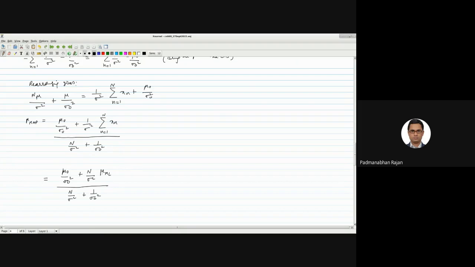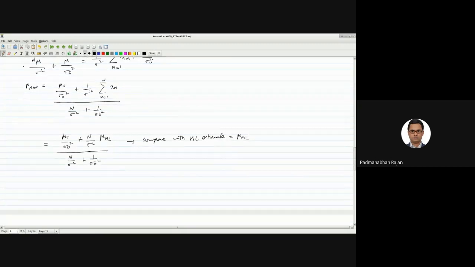So you can compare it with the ML estimate, which is equal to mu ML. You can see how much the MAP estimate is different from the ML estimate. There are some additional factors which come here, and the ML estimate is modified with those additional terms.